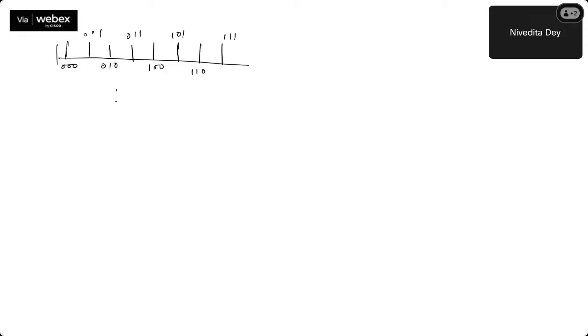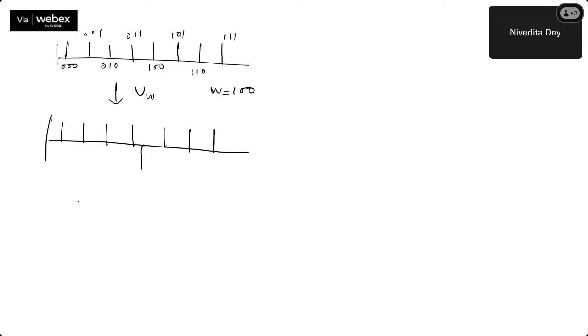Now once we apply UW, say W is equal to 100. Only this one was inverted. So 000 is up, this is up, this is up, and this one is also up. Now this is down. Now this is up, up, and up.